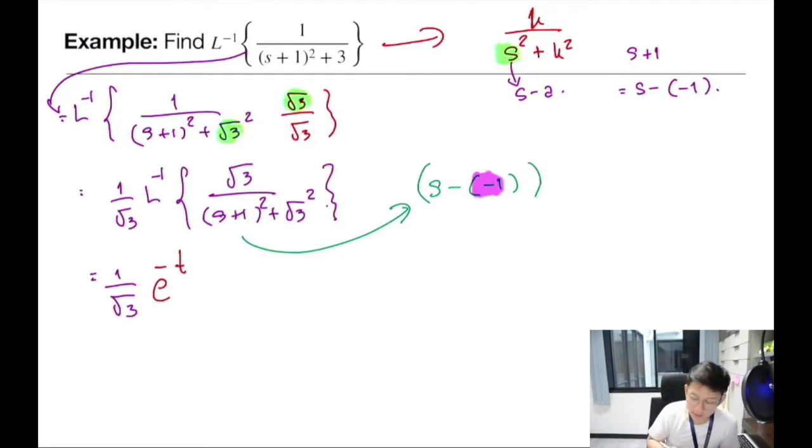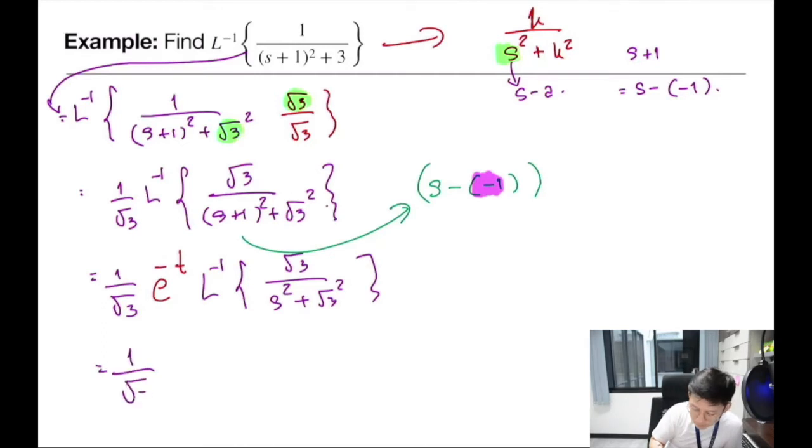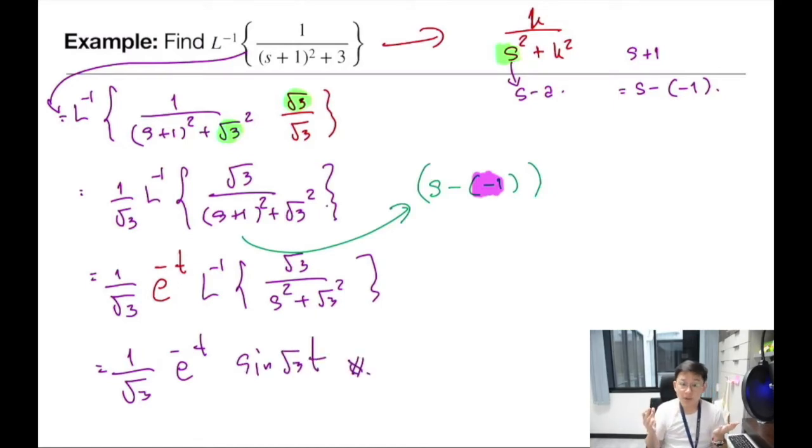Okay, and then you get L inverse of square root 3 divided by s squared plus square root 3 squared. And that will be 1 over square root 3 e to the minus t, and this would be sine of square root 3 t. That's it. Quite simple, isn't it?